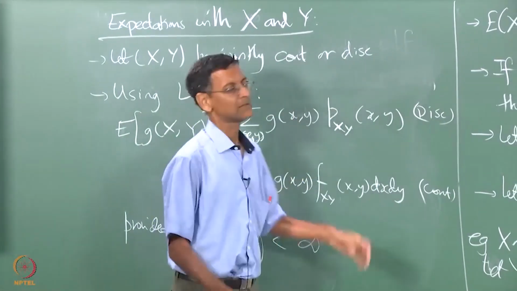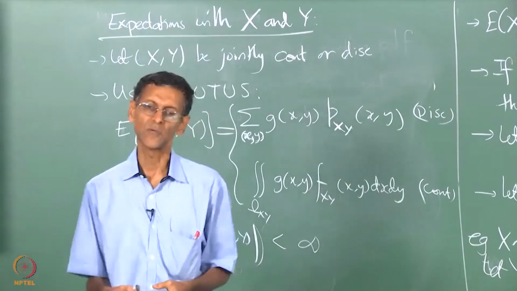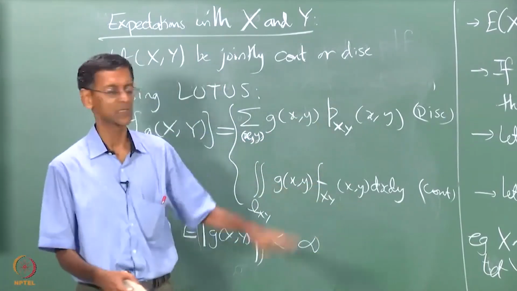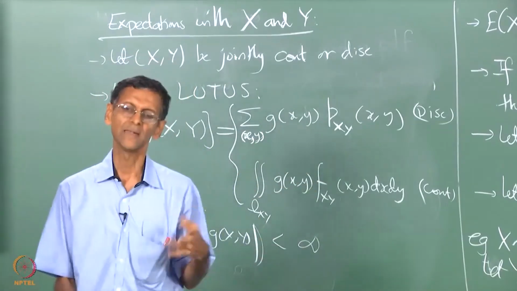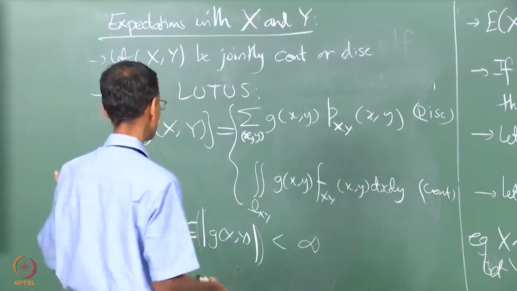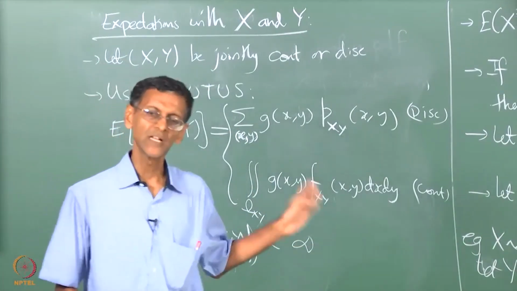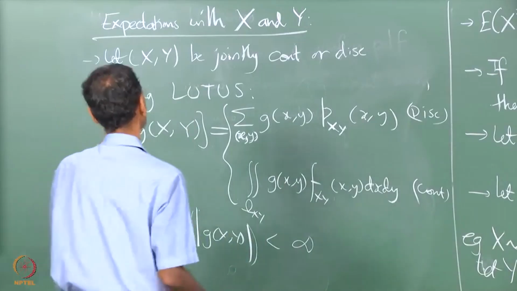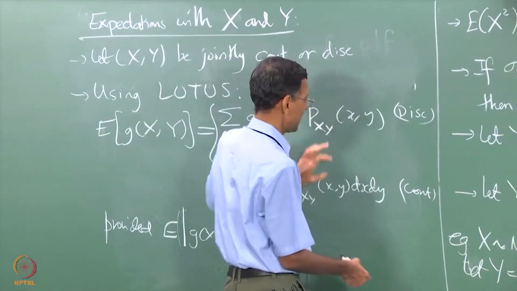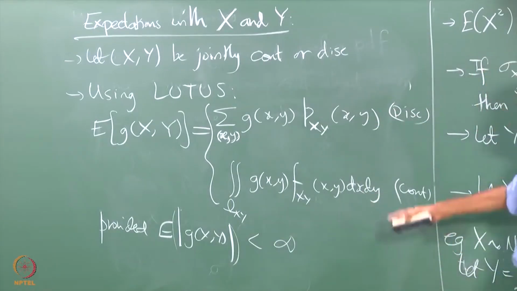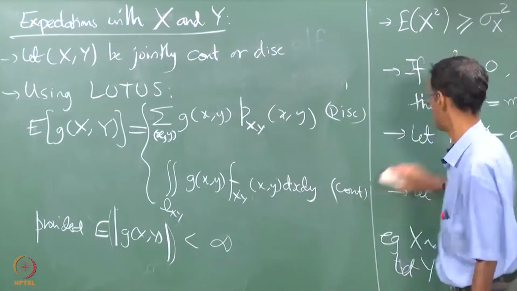Likewise here again, you can come up with random variables which are neither purely discrete nor purely continuous, and only in some cases can you easily write down an expression for E of g of x, y, but in all the examples we have done, jointly discrete, jointly continuous, these expressions will be valid.